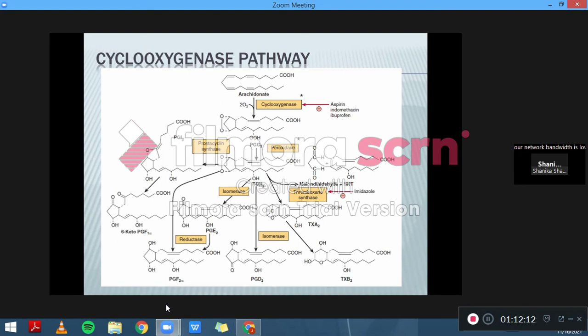If you want to stop the production of prostaglandins and thromboxanes, aspirin, indomethacin, and ibuprofen stop the production of prostaglandins and thromboxanes. From the start, before going to the cyclooxygenase pathway, it stops the process. This is where aspirin stops the cyclooxygenase pathway.